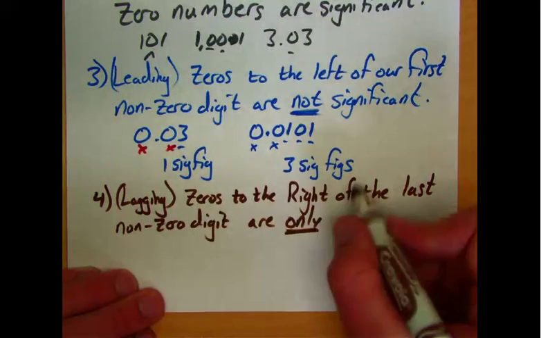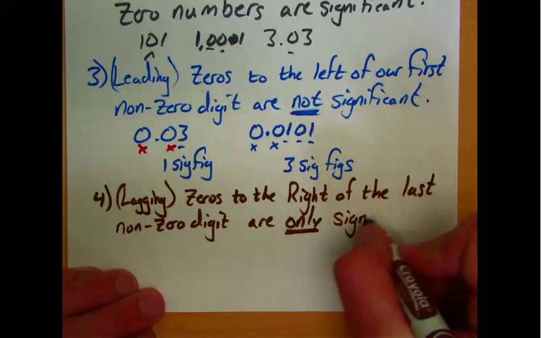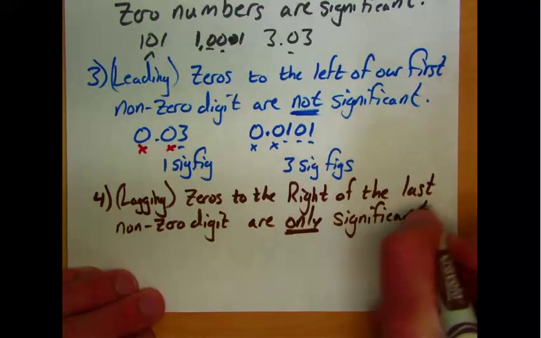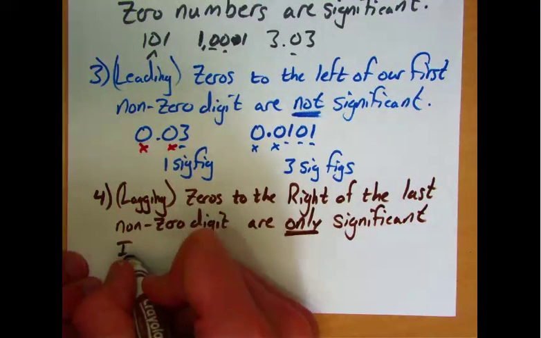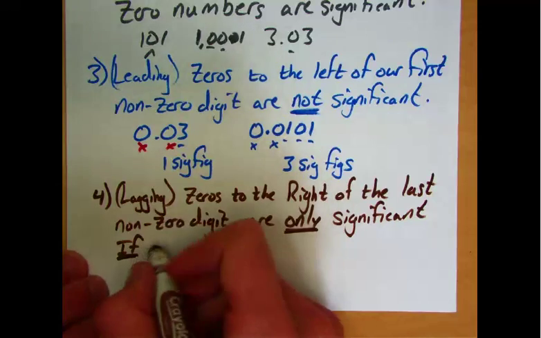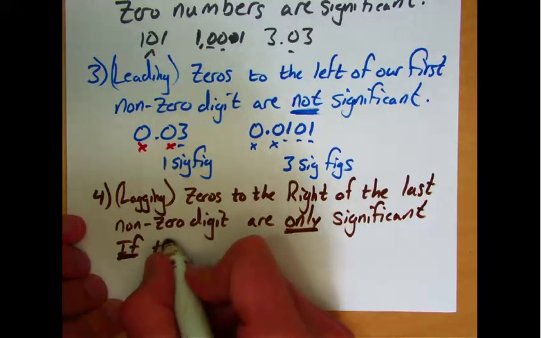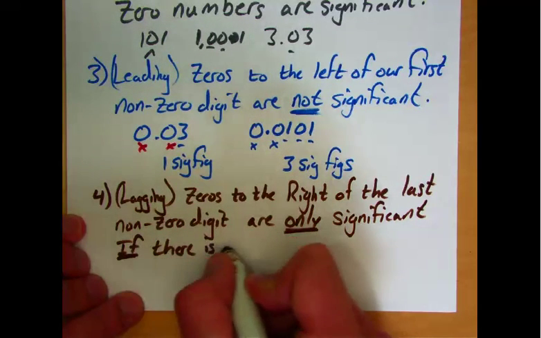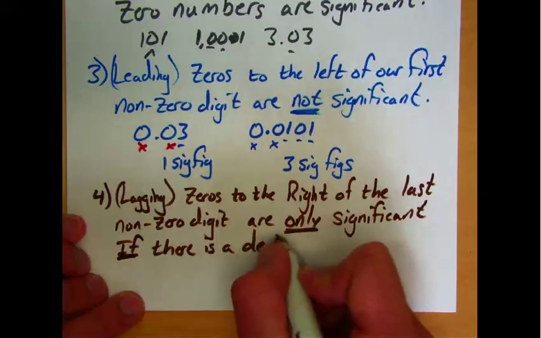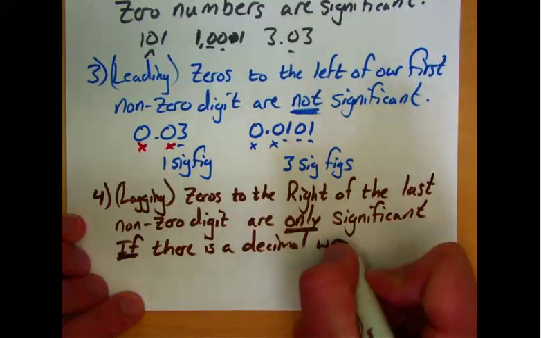They are only significant if there is a decimal place written.